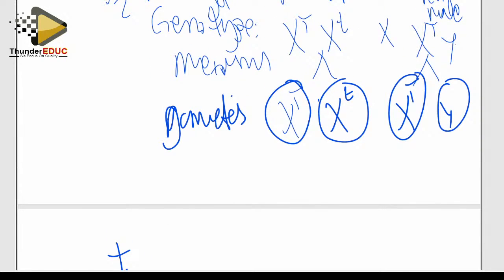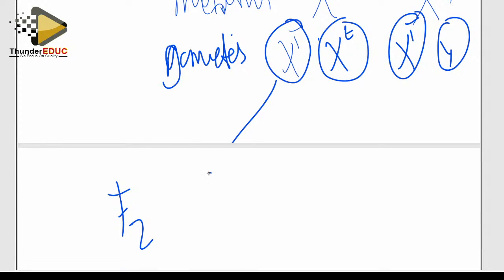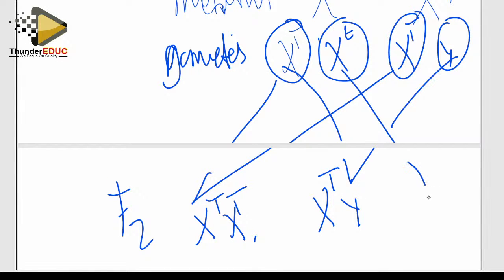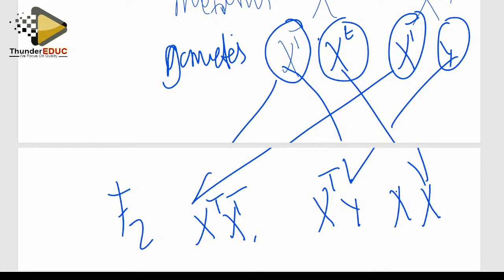F2. So now I have to cross this, whereby this is gonna go with that. So I'm gonna have X capital T, X capital T. I'm gonna cross now this with that, whereby it's gonna be X capital T, Y. And I'm gonna cross that with that, which is gonna be X small t, X. Okay, let me start with X capital T, X capital T, X small t.